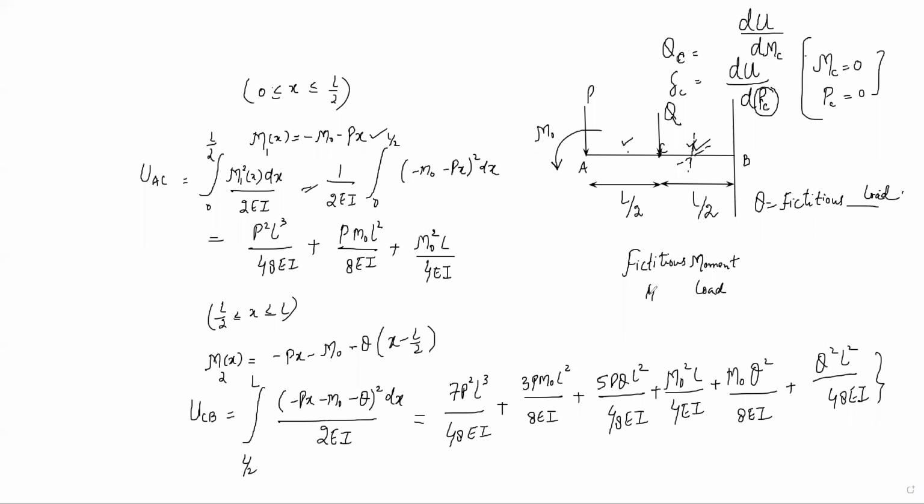Since strain energy is a scalar quantity, what will be the total strain energy? The total strain energy will be the addition of all these terms. The total strain energy will be equal to UAC plus UCB. So we have to add these two expressions.